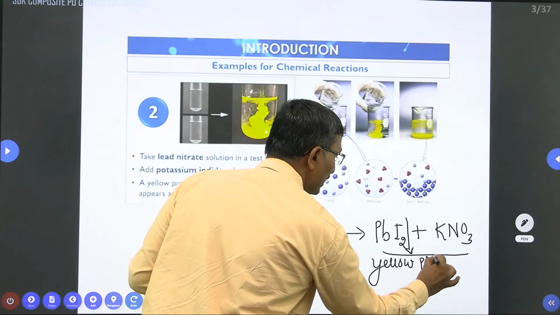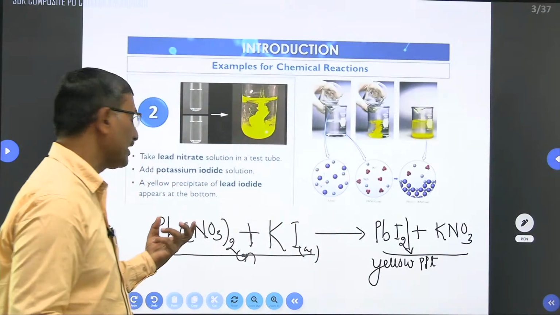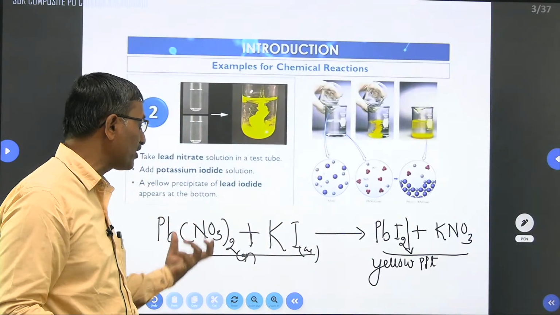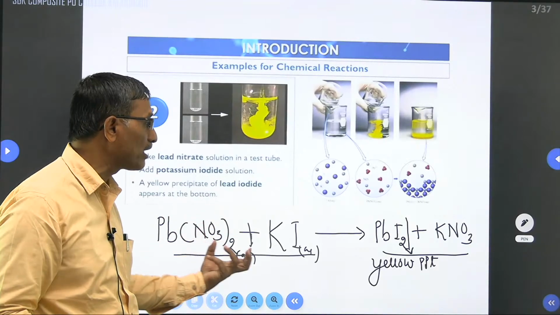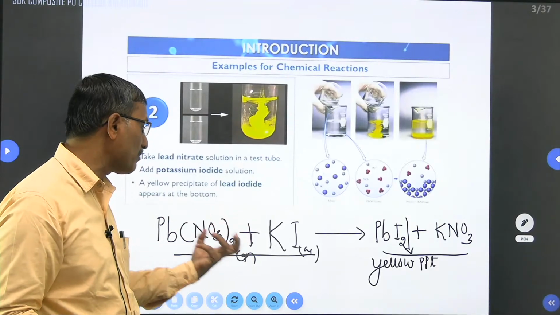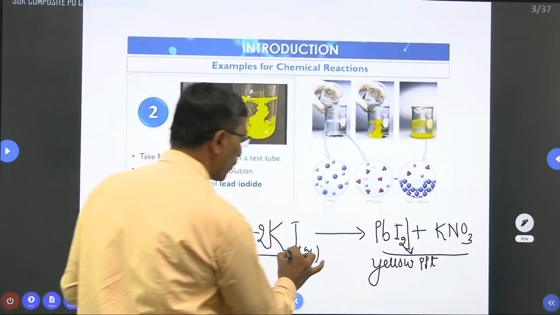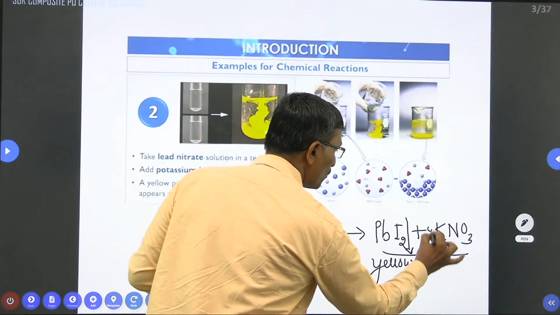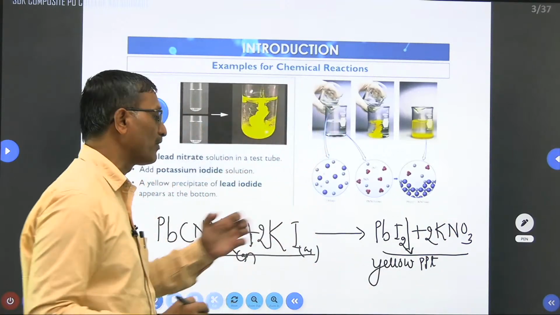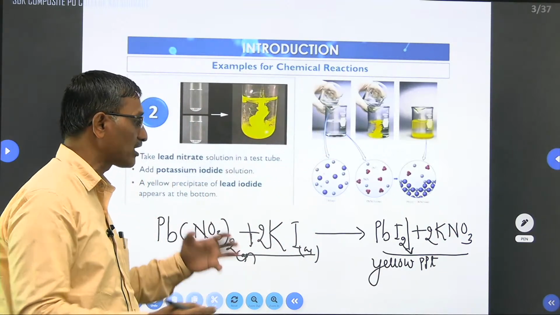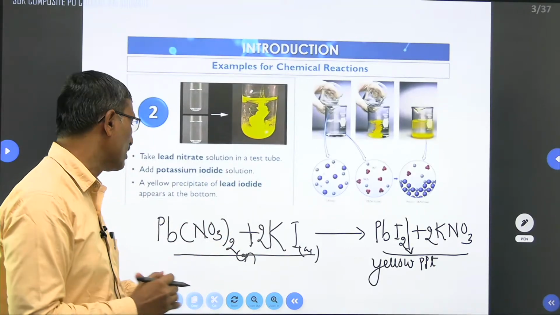It settled down in the test tube, because in the test tube I have taken lead nitrate, and to that I am adding potassium iodide. So let us balance here: 2 KI, so this is 2 KNO3. Later we will go through the stoichiometric coefficients of both the reactants and products.